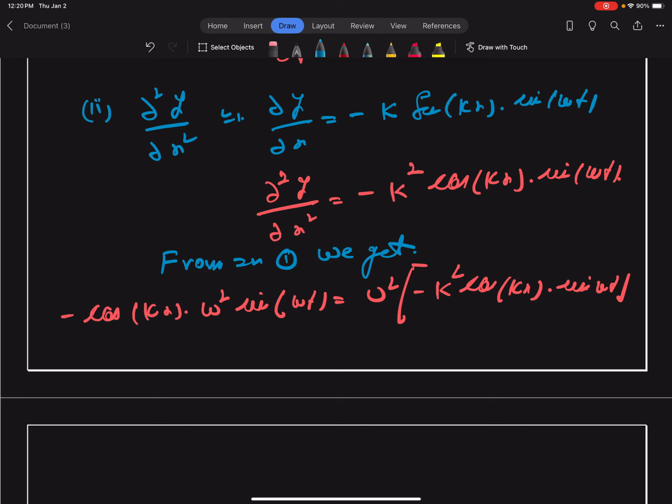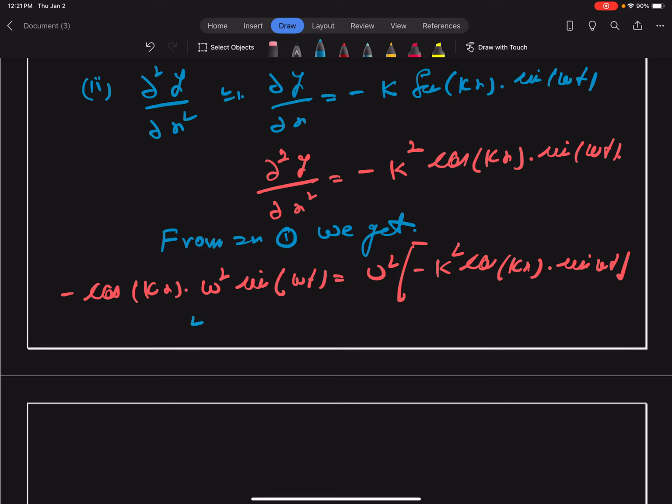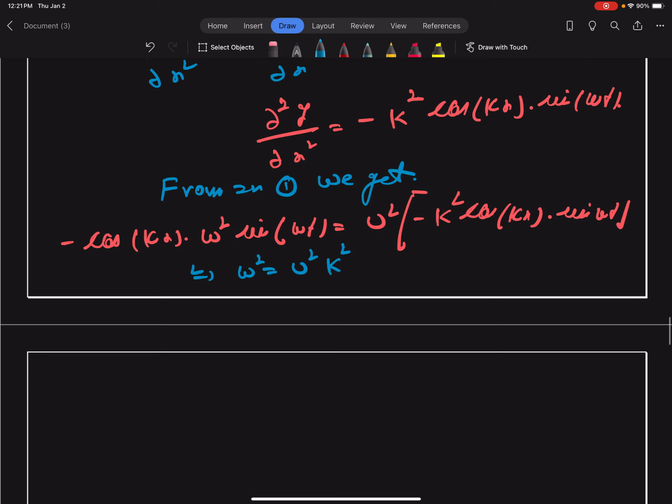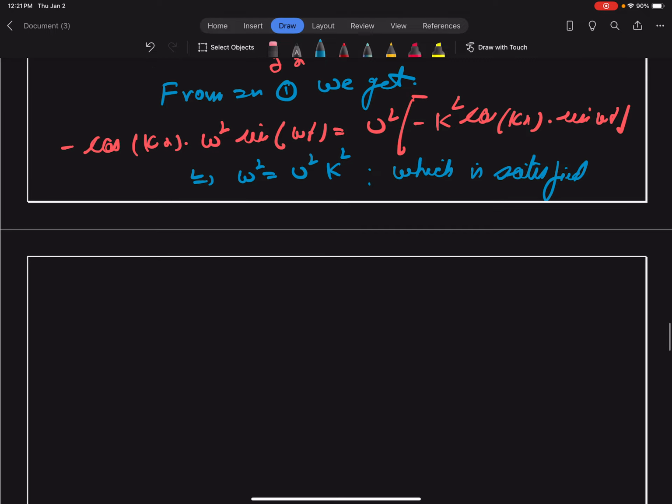And on simplification, it comes as omega square is equal to v square multiplied by k square, which is satisfied if omega is equal to vk.